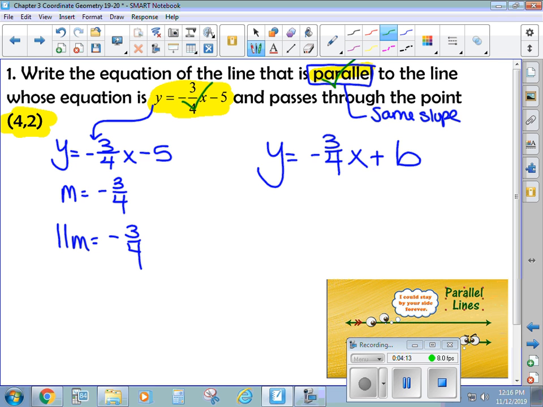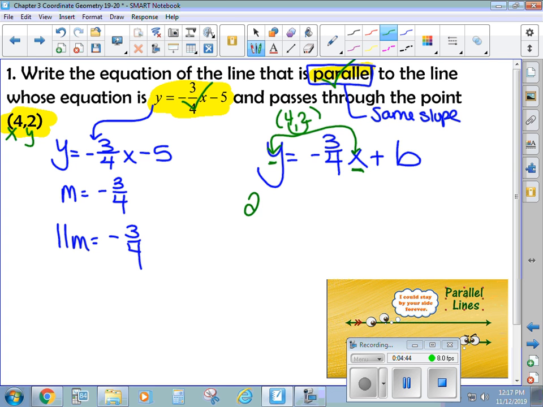You said this is x, this is y. Wait, look over here. What's this? So can I take the point (4, 2), sub this value in, and that will leave me b by itself, yes?